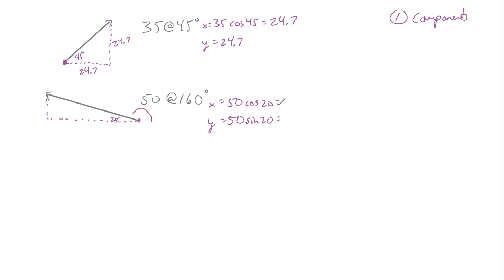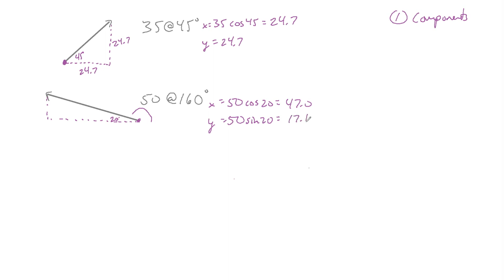So I'm going to do 50 cos 20. Actually pretty big, and it is. We're looking at 47.0, and I'm going to do the 50 sine 20 degrees, and we're looking at 17.1.